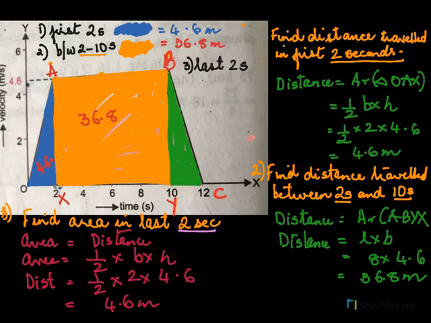And for the last 2 seconds, the green area gave us the distance covered, which was 4.6 meters. So in the first case it was a triangle, in the second case it was a rectangle, and in the third case it was a triangle.